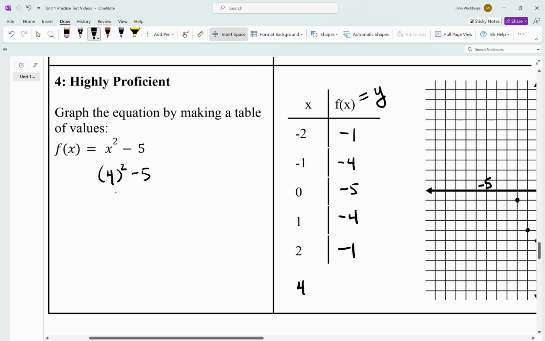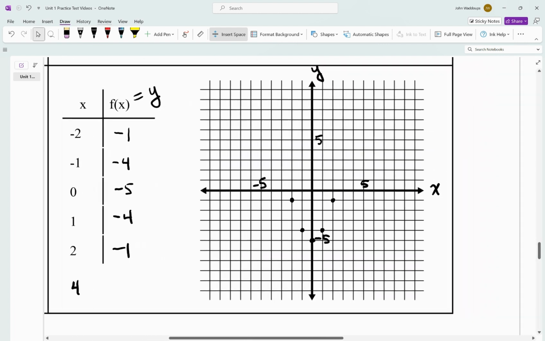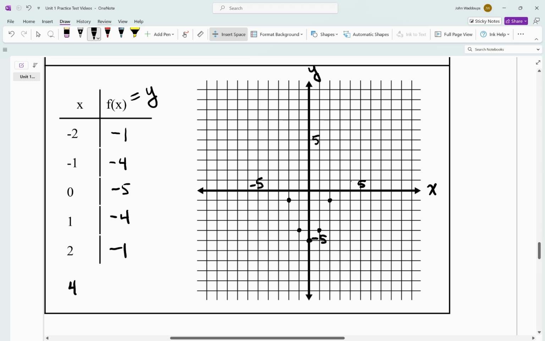So that's 4 squared, which would be 16, and then 16 minus 5 would be 11. At 4, we're up here. So 6, 7, 8, 9, 10, and then 11 is just up a little bit further.